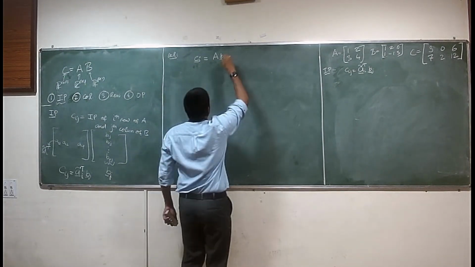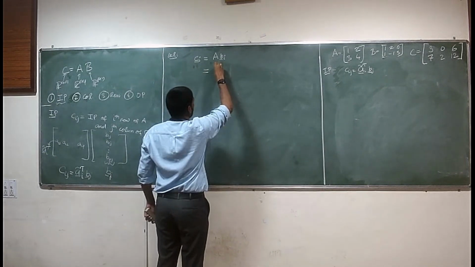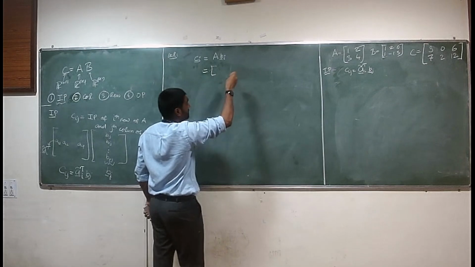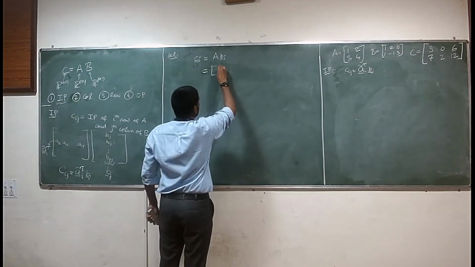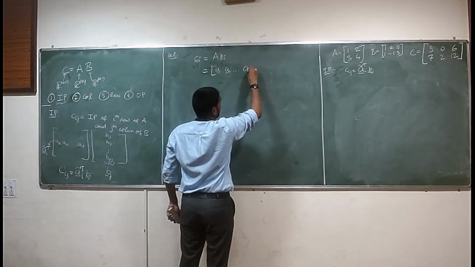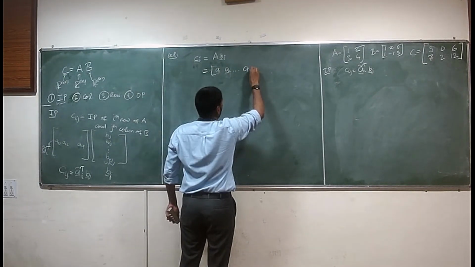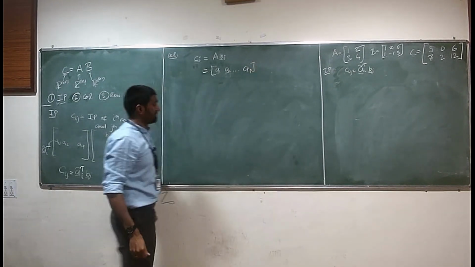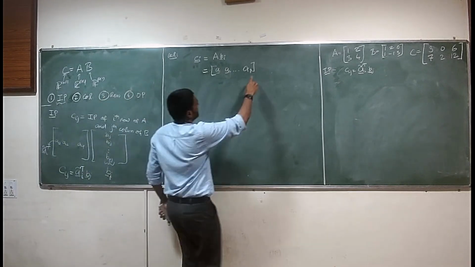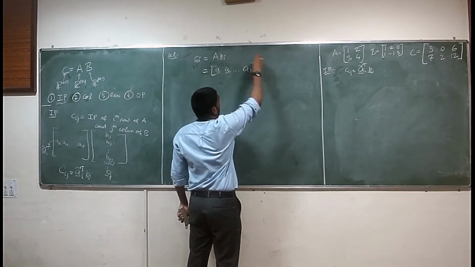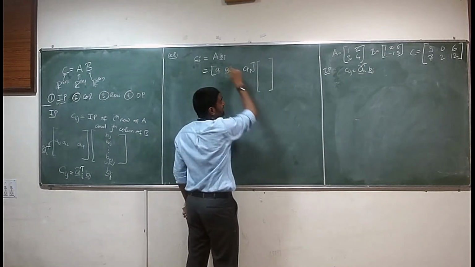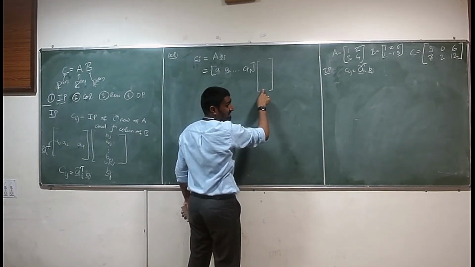So if you express A as a block matrix in terms of column vectors, you have a1, a2, up to ap, because this is n cross p. If I were to write down the ith column of B, what would be the individual elements here?